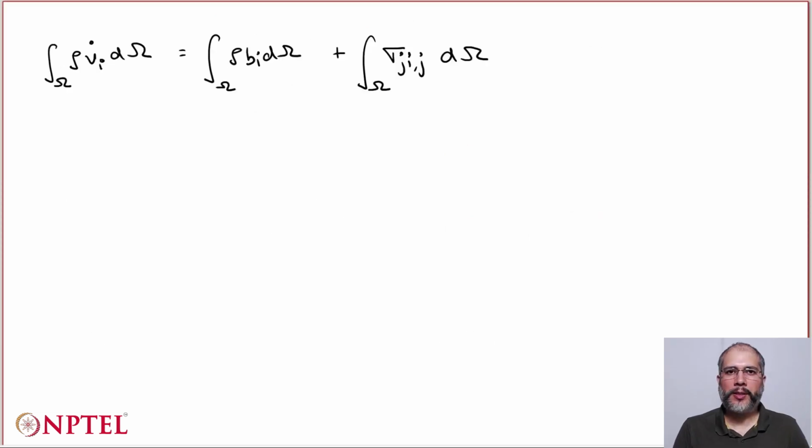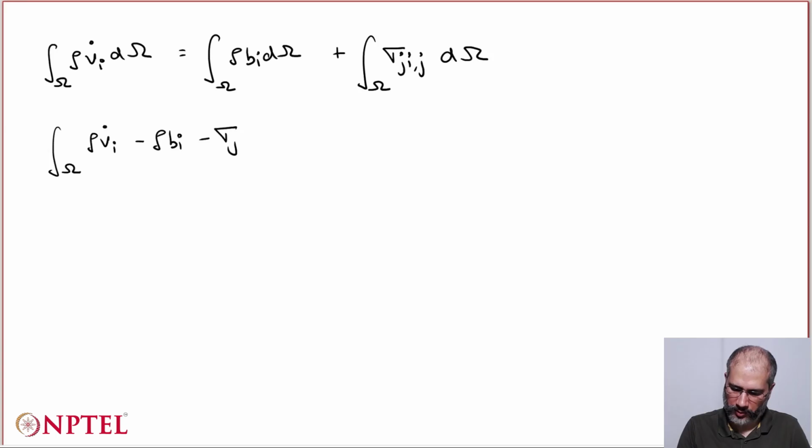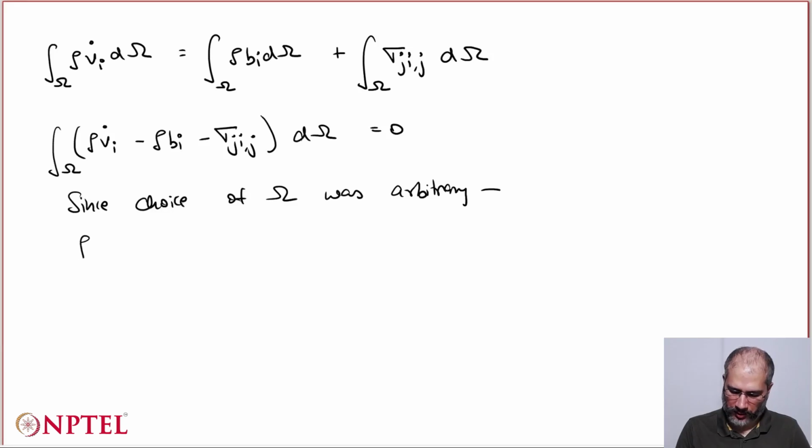Since all the integrals are over volume, we can club all the terms together. So this becomes the integral over omega of rho v i dot minus rho b i minus sigma ji comma j times d omega is 0. And since our choice of omega was arbitrary, the integrand becomes 0.